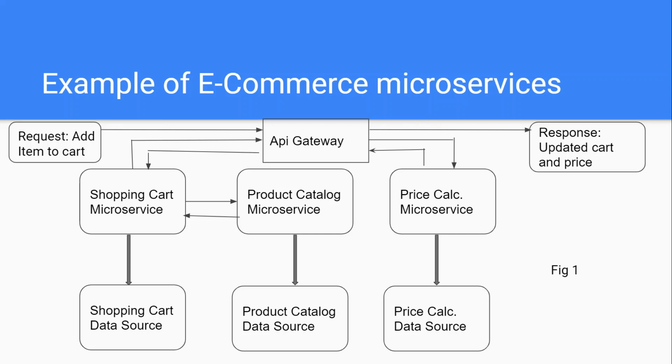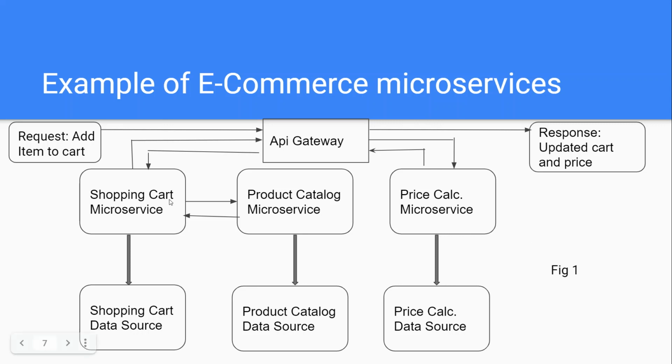Now, from the viewpoint of the client-side code, a request is fired to the backend system via the API gateway. So request to add an item to the cart. And finally, the API gateway responds by updating the cart and with the price with any discounts. This is the simplest interaction shown in figure one.